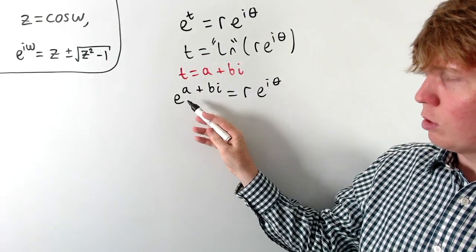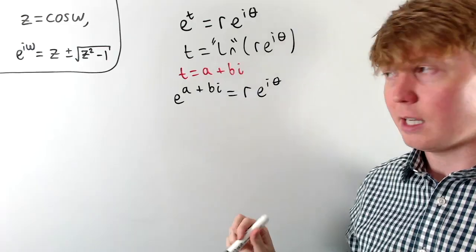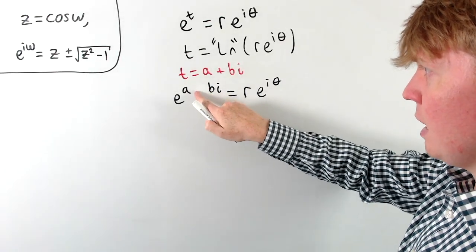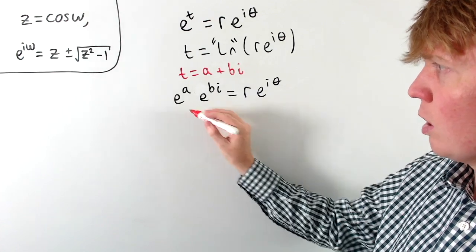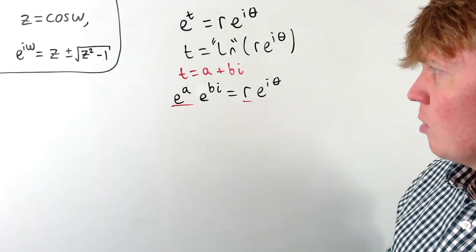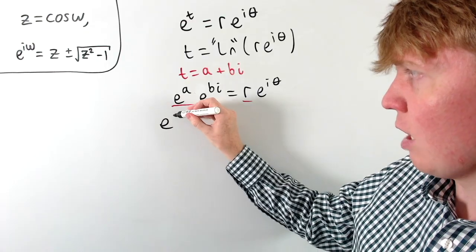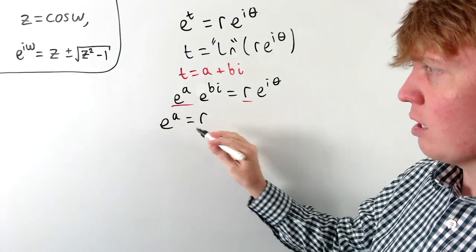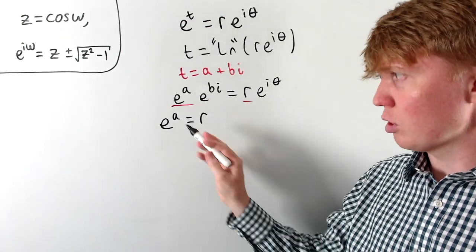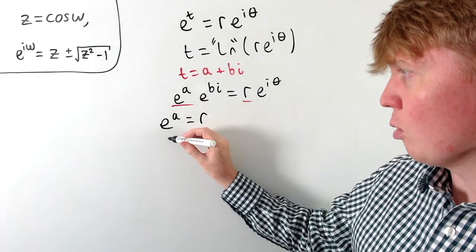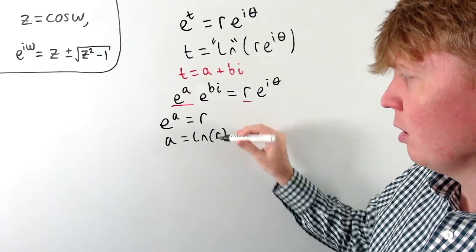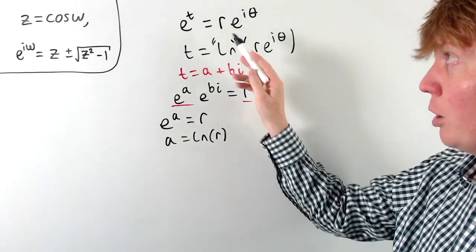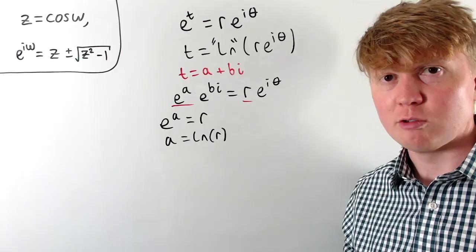And then you can see here we can split this up into e to the a times e to the b times i, and then we can read off what the modulus and argument are going to be. So we get e to the a is going to be equal to r, so this is quite nice and helps us find a, because here we can just take logarithms. We've just got a real number r, so we take natural logarithms, and a is going to be the natural logarithm of this real number r, the modulus of the complex number we're interested in.